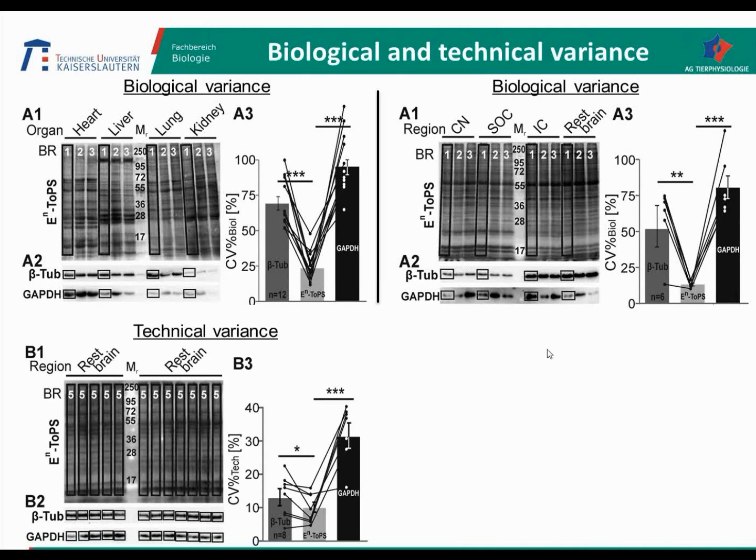What about the technical variance? The technical variance means that we loaded here 12 times the same sample on one gel and then several other gels, and then again measured the coefficient of variation, and once more we found that this coefficient of variation for the epicaquinone-based total protein staining is smaller than for the housekeeping proteins.